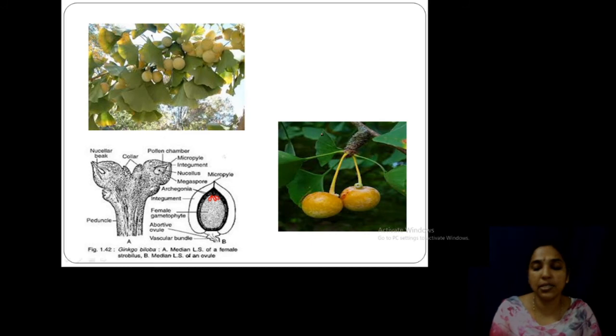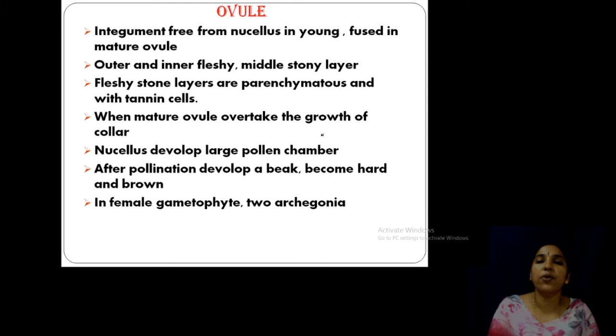Clear? This is a very important part usually asked in examinations, that is the arrangement of the female strobilus in Ginkgoales. Then the ovule, as I already told you, has the nucellus fused with the ovule, inner fleshy, middle stony. Fleshy layers are parenchymatous with tannin cells, the two walls. The mature ovule overtakes the growth of the collar at the base.